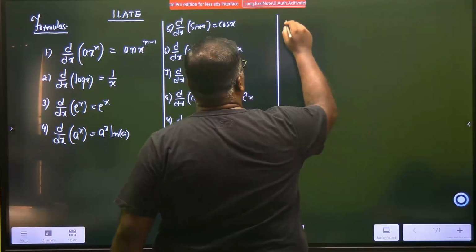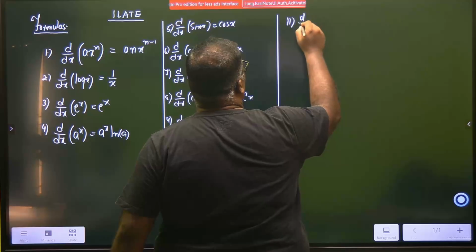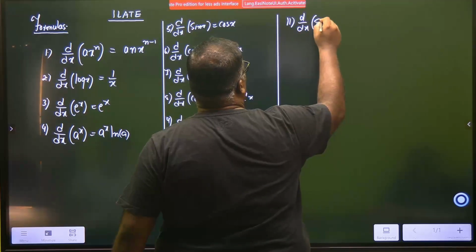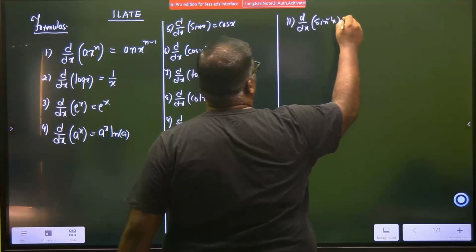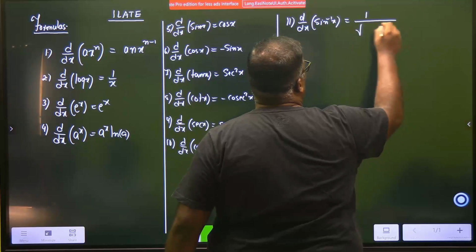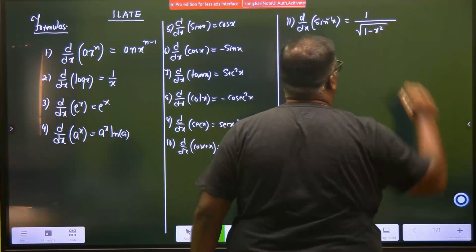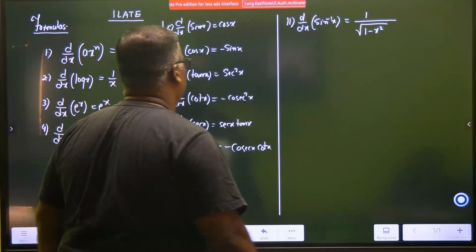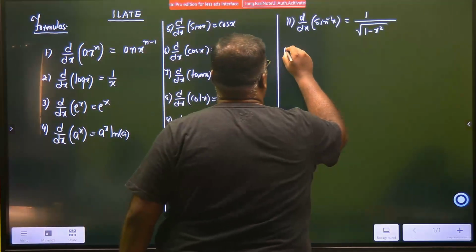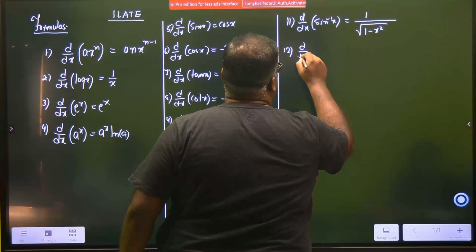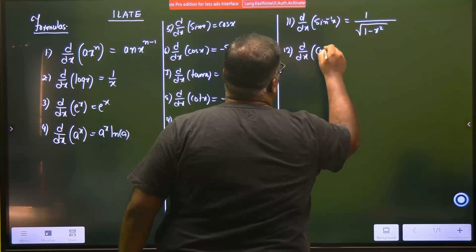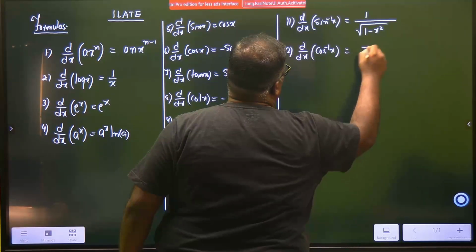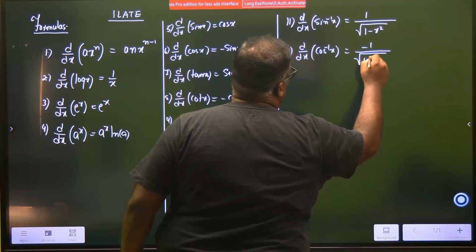11. d/dx of sine inverse x is 1 by root over 1 minus x square. 12. d/dx of cos inverse x is negative 1 by root over 1 minus x square.